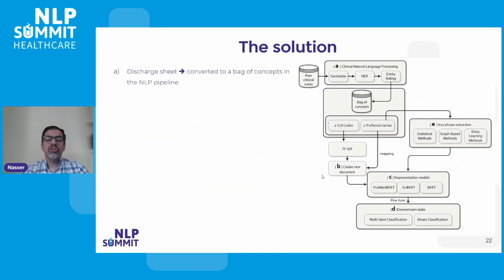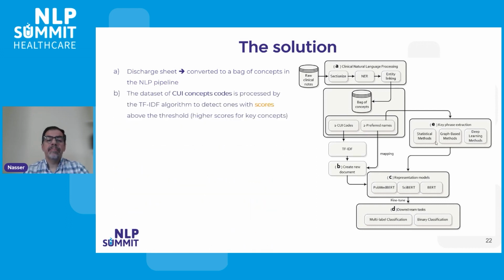As a solution to this problem, we propose this pipeline. The discharge sheet is converted to a bag of concepts in the NLP pipeline. Then the codes of concepts are processed by a TF-IDF-like algorithm to assign scores to the concepts. This will help us to differentiate more important concepts.